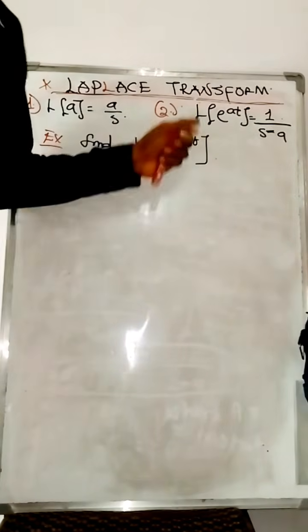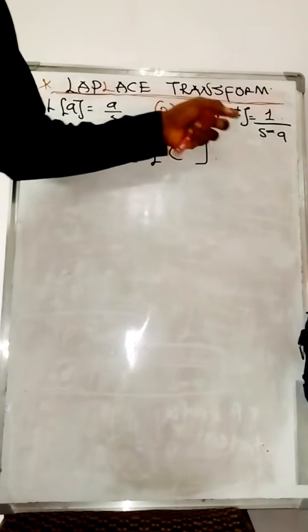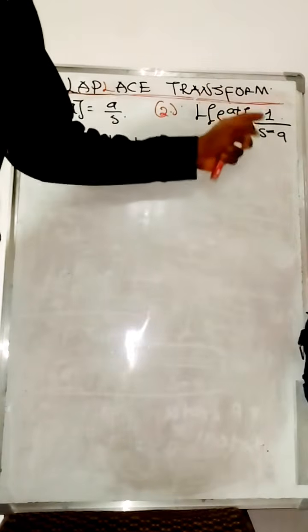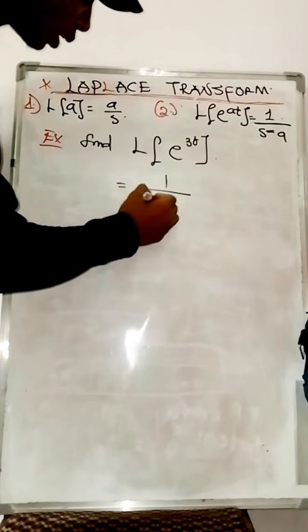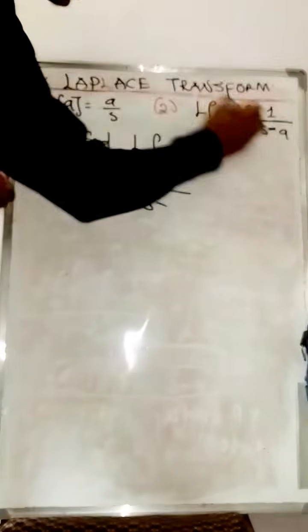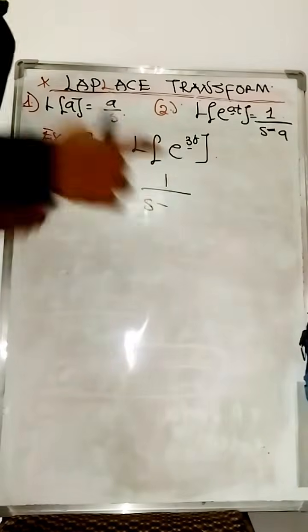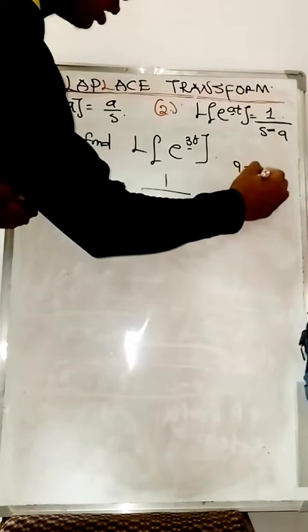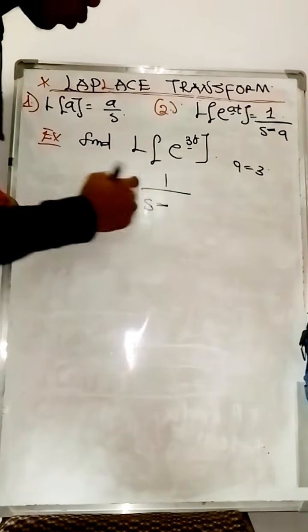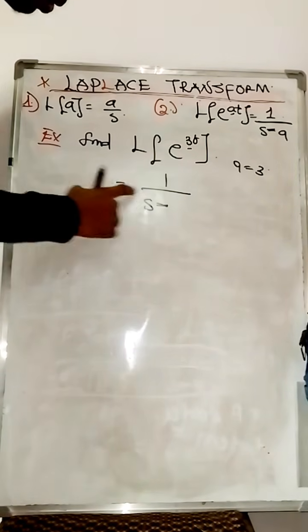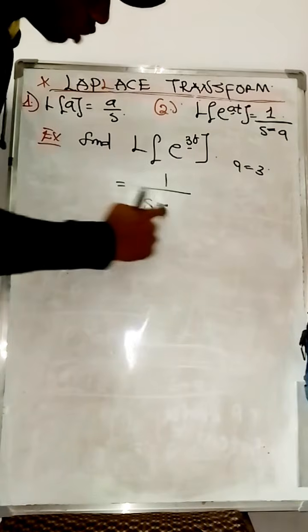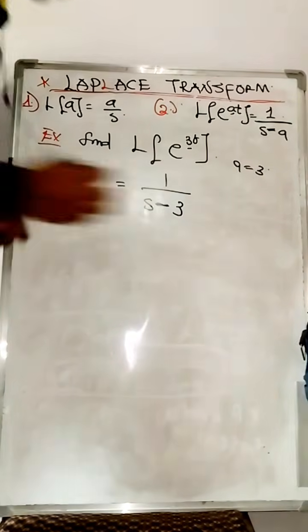Since we have that the Laplace of the exponential of at is equal to 1 divided by s minus a, the Laplace of exponential 3t will be equal to 1 divided by s minus, where a here is the 3, right? Where a is equal to 3. So the Laplace of exponential 3t is equal to 1 divided by s minus 3.